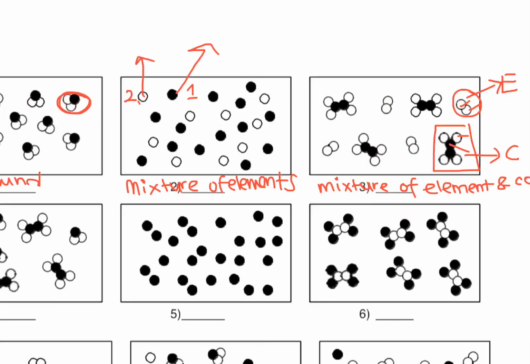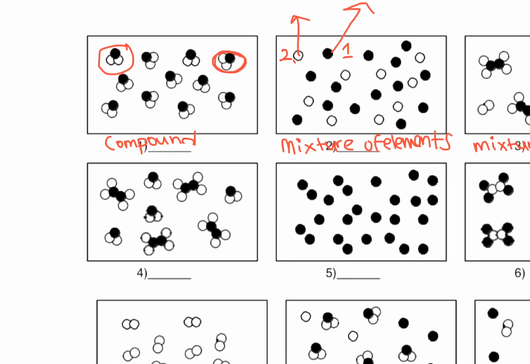Here you go. The fourth one here, so this is a compound, and this is another compound. So there is different atoms bonded together in this one, glued together here, and this is another compound with different atoms combined in different ratios. So here this is a mixture of compounds.